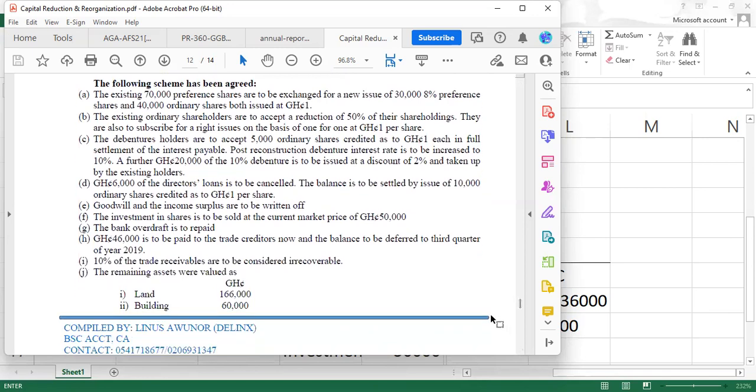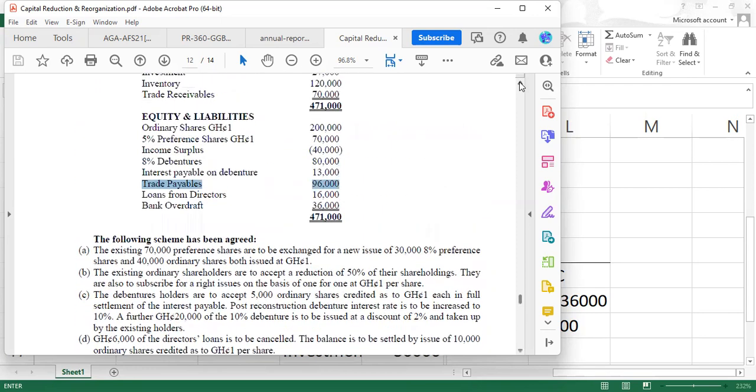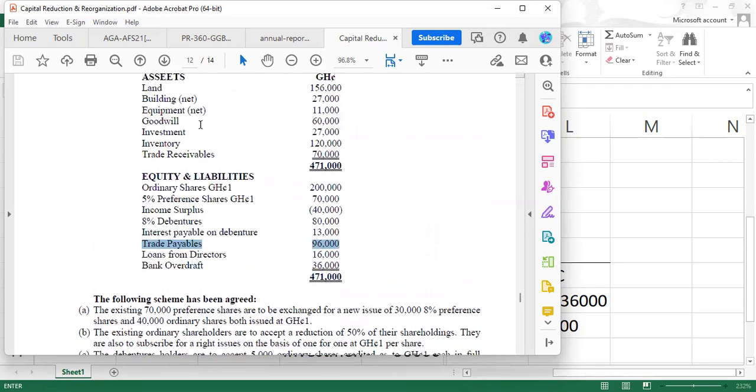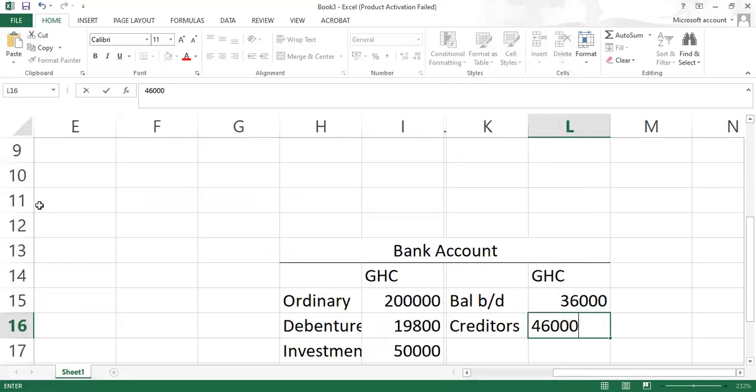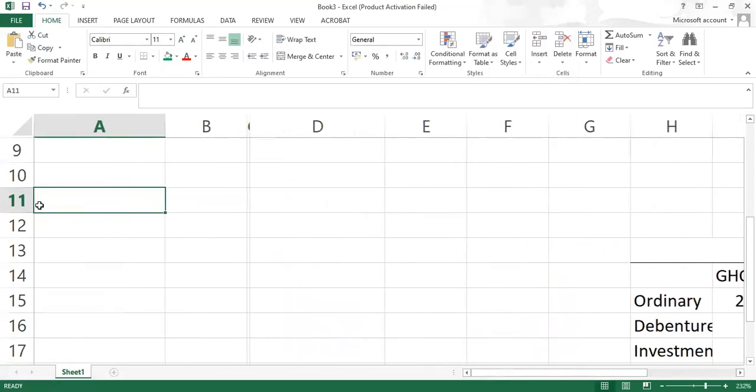10% of the trade receivables are to be considered irrecoverable. So what is the trade receivables figure? 70,000. So 10% of that will give us what? 7,000. And the bad debt, gain or loss? Loss.